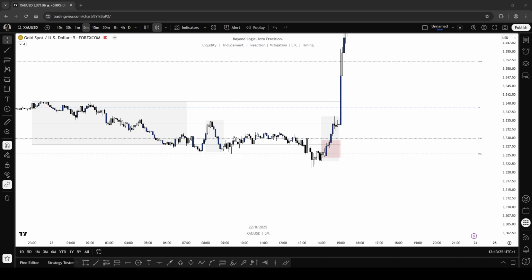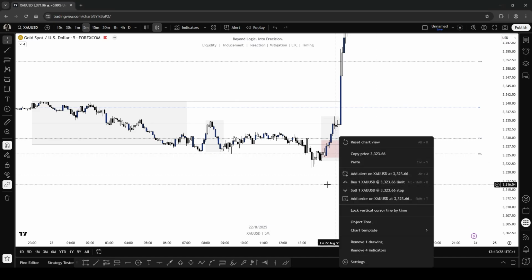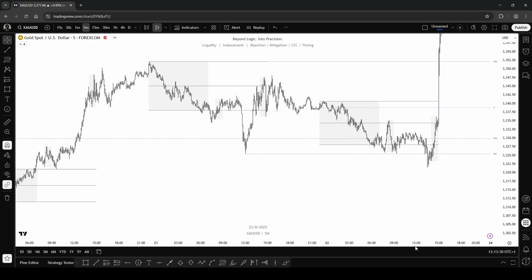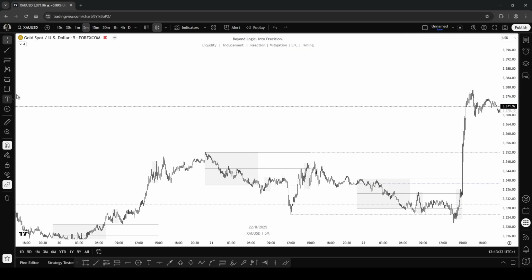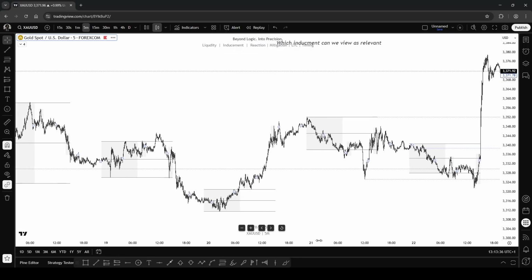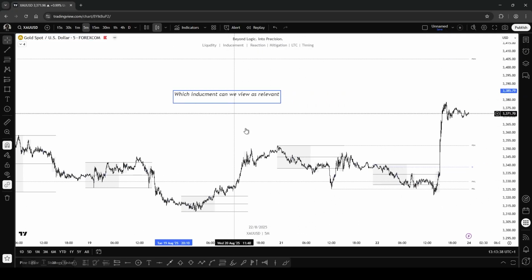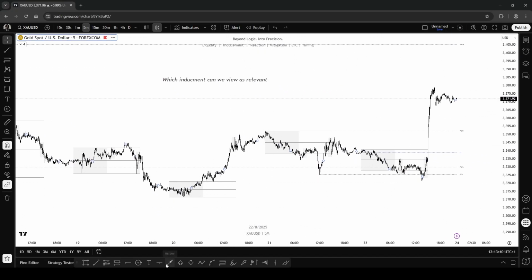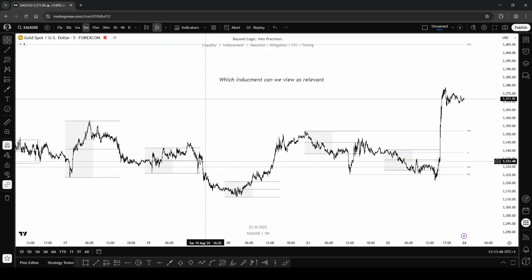Which inducement can you view as relevant? Good question, yeah. One thing, I don't know if you have seen those videos, they do take them into account. But for me, if an inducement is happening in the trend direction, that's what I consider more relevant rather than any inducement happening against the trend.